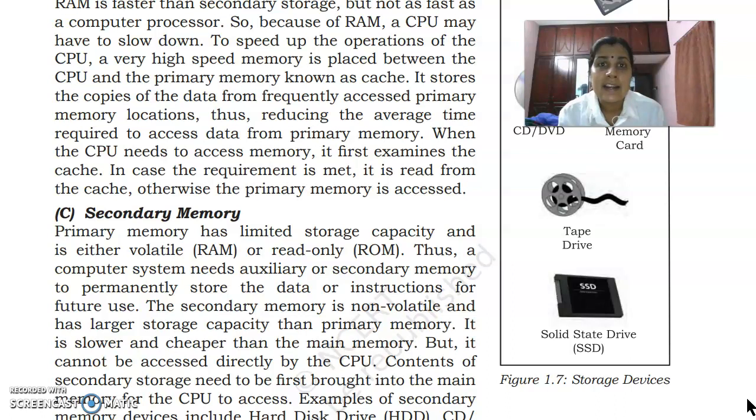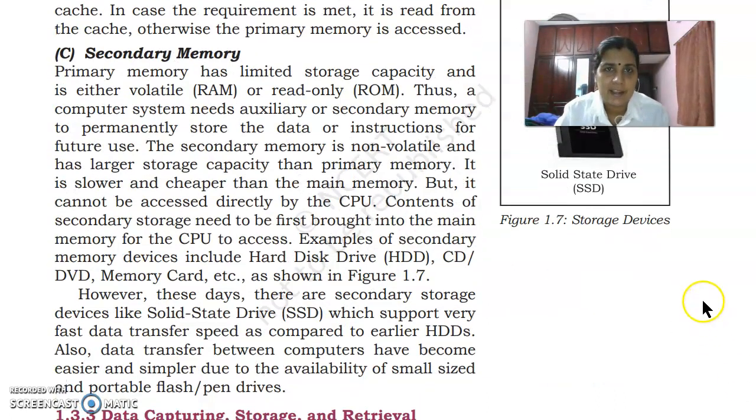Next is secondary memory. You have all heard the term secondary memory. For example, the hard disk we use in our computer is a secondary memory. In our computer, we find partitions like C, D, etc., which are on the secondary memory or hard disk. Primary memory has limited capacity; the size of RAM and ROM is less compared to secondary memory.